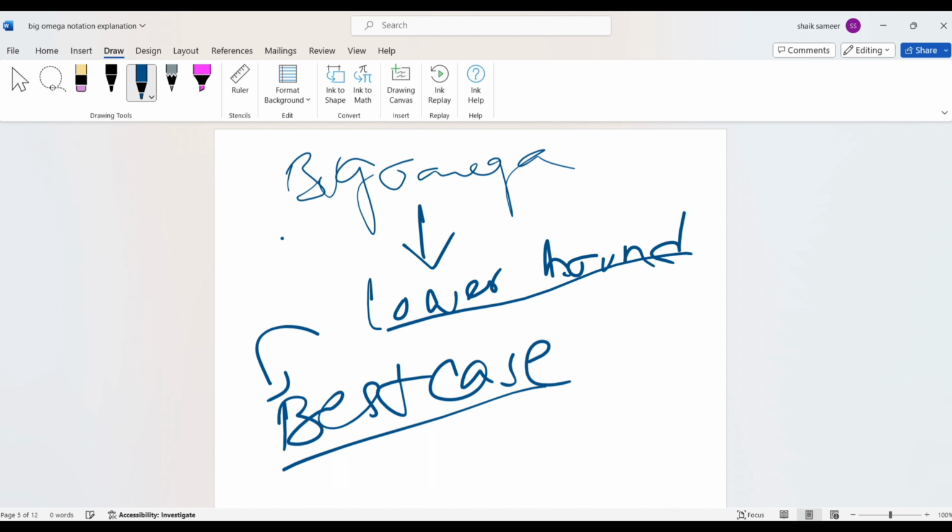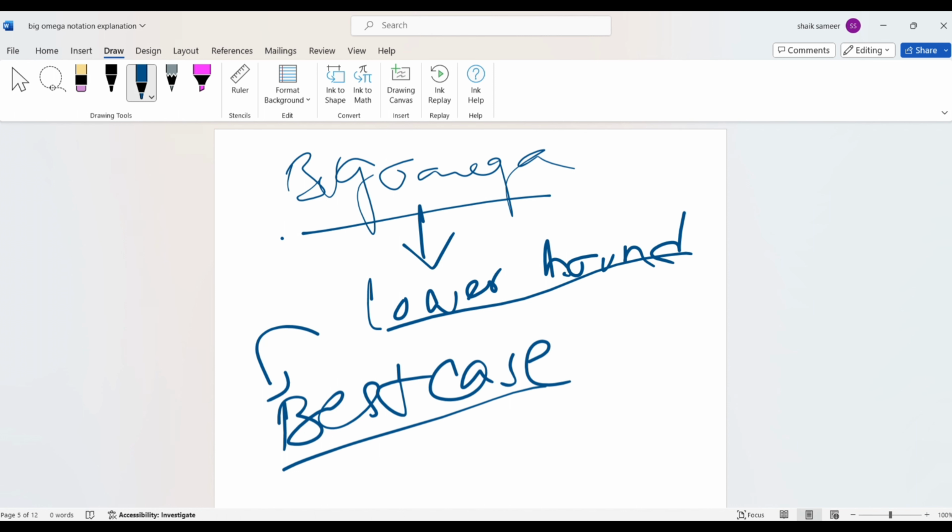If you don't know what best case or worst case means, please comment and we will make another video on best, worst and average case. Best case generally takes less time, the amount of time taken is less. Worst case is when the amount of time taken is more. Big O notation is used for the worst case, and big omega notation is used for the best case. Just remember these two things.